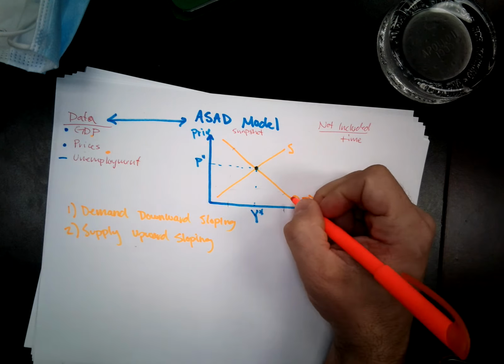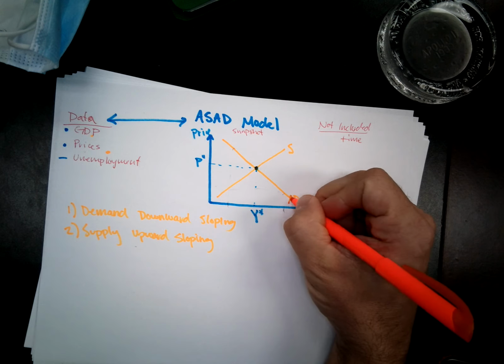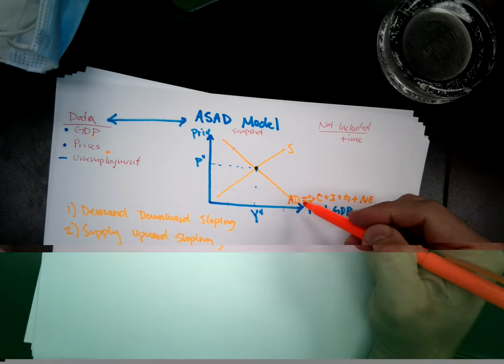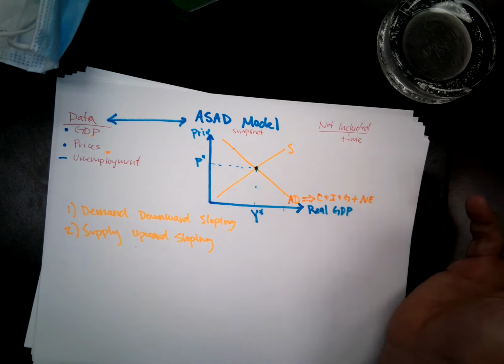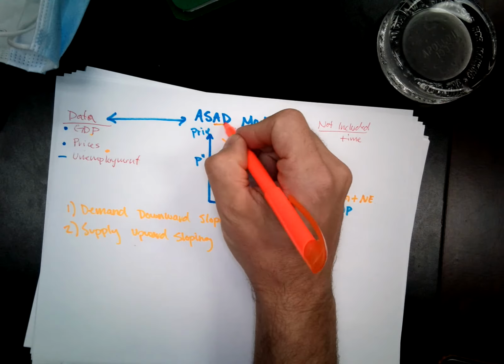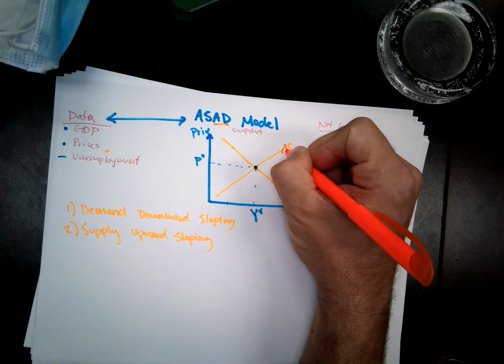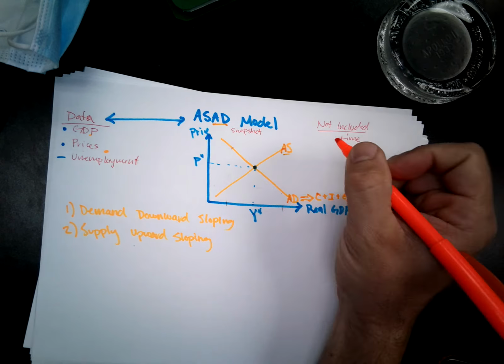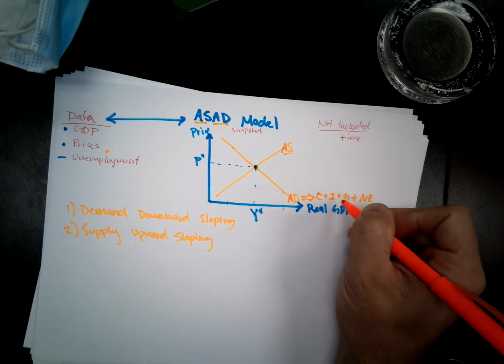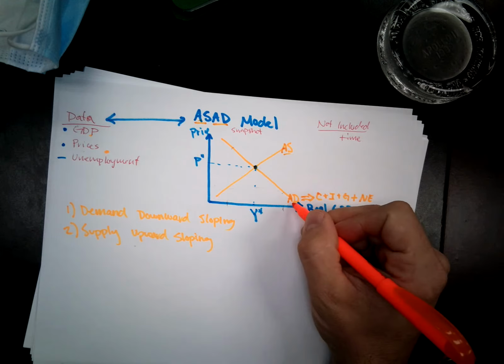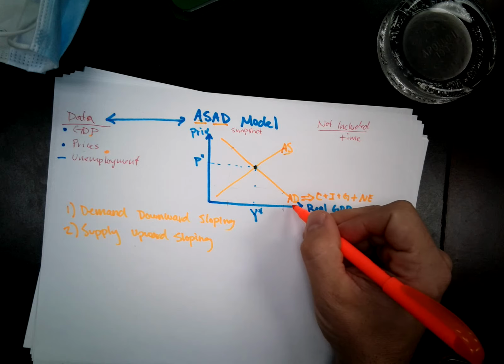Okay. And actually, we'll call this not just demand, we'll call this AD, aggregate demand, because this is the macroeconomy. Aggregate means pulling everything together. And that's where you get this AD. And this is actually going to be aggregate supply, which is where you get the ASAD model. So we have consumption, investment, government spending, net exports, all filtering in to aggregate demand.